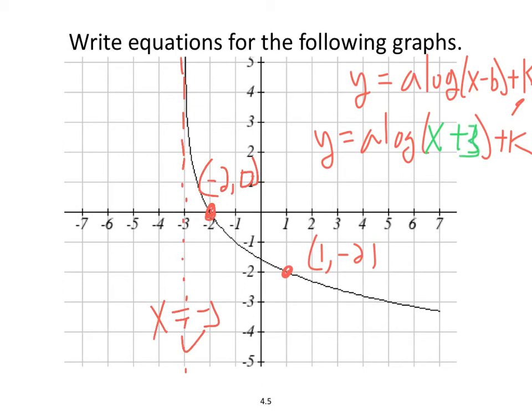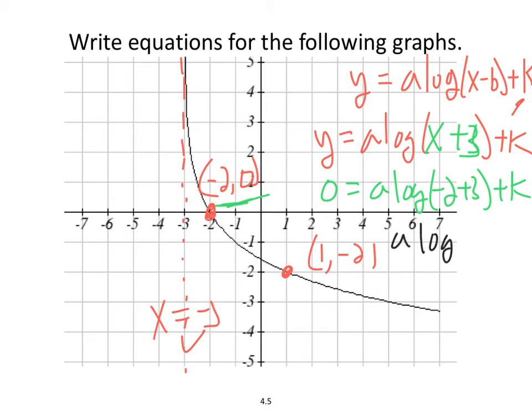Now let's see if there's an up-down shift. That usually works pretty well if you use the x-intercept. So 0 is y. 0 equals a times the log of -2 plus 3, plus k. Well, -2 plus 3 is 1. And we know 10 to what power is 1?